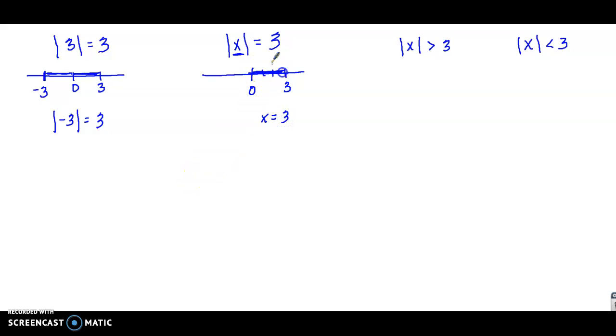I also know if this represents my distance, and it's got to be equal to 3, I can go 3 units to the left, and that will also be 3 units from 0. So therefore, x could be -3 as well.